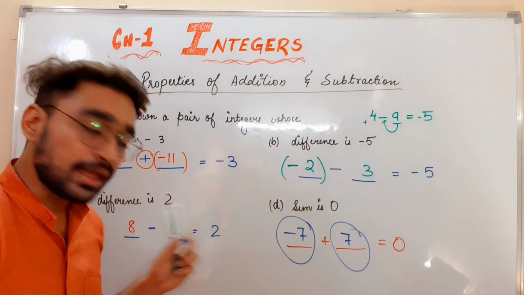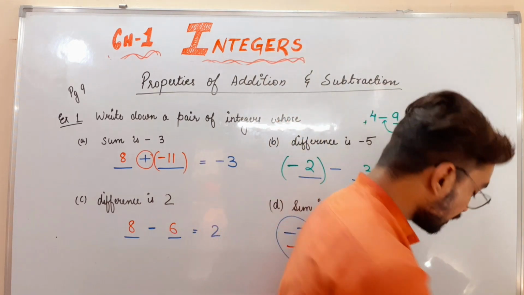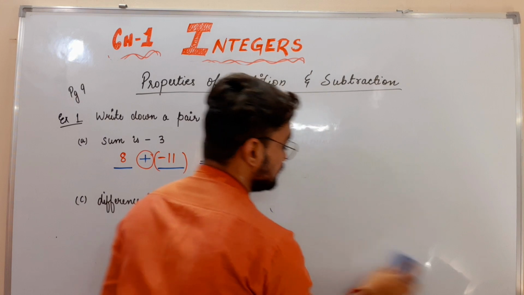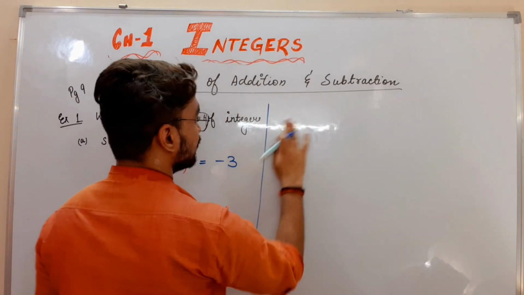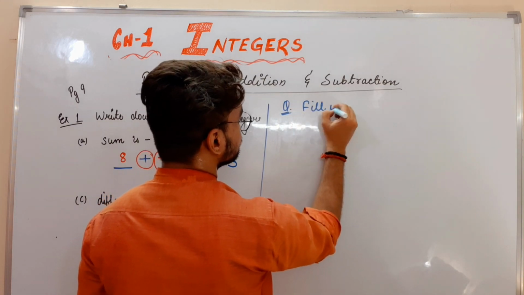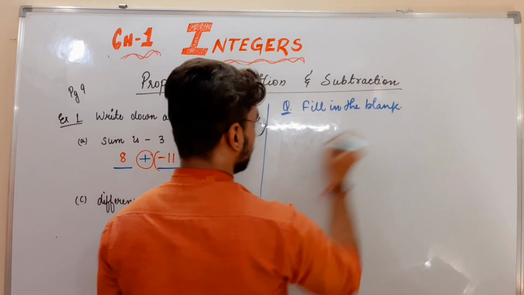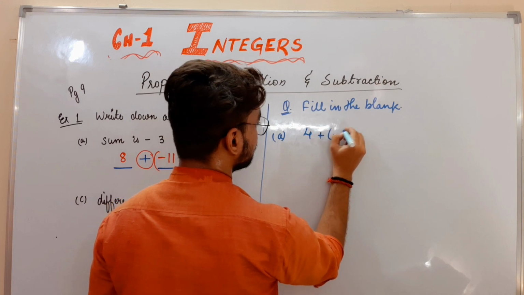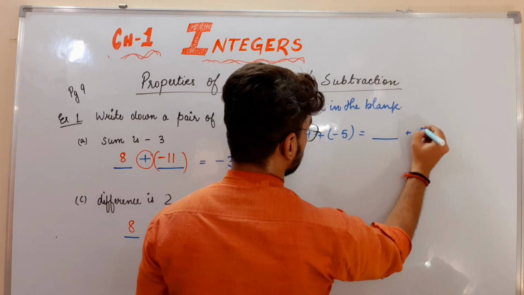So like that you can try to solve exercise number 1.2. Before that, I want to ask you one very easy fill in the blank question. For example, 4 plus minus 5 is equal to dash plus 4.